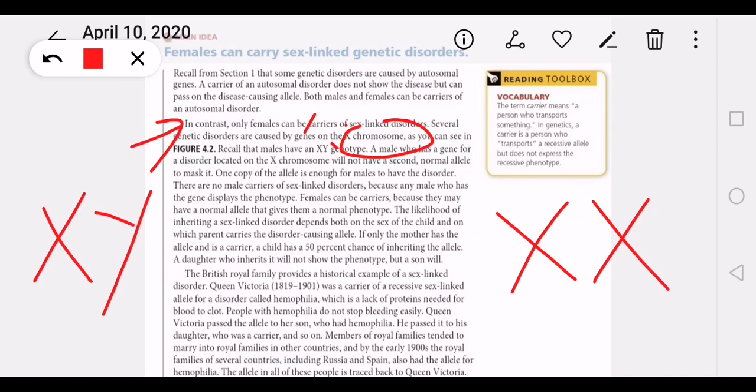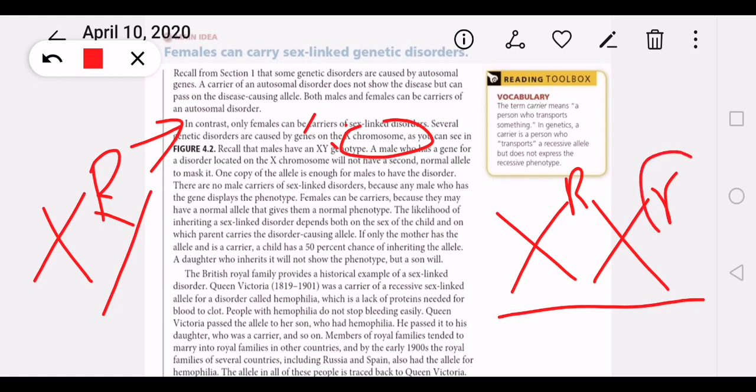Suppose there is a gene R: small r here, and capital R on the other X. This female is a carrier because she has the recessive allele and the dominant allele. But a man can only have 1 copy of the gene because he has 1 X chromosome that has the gene.